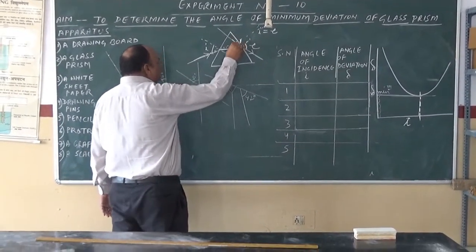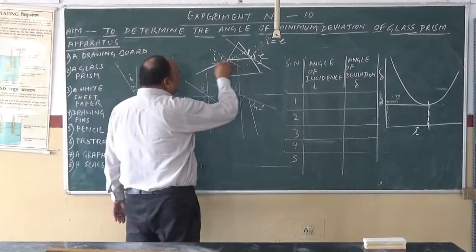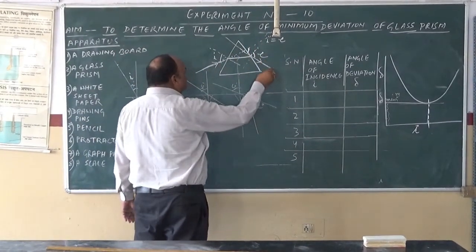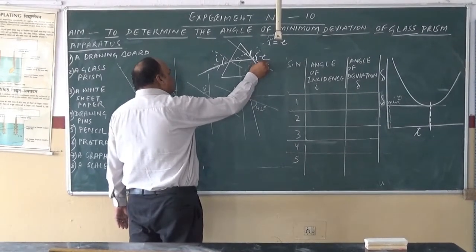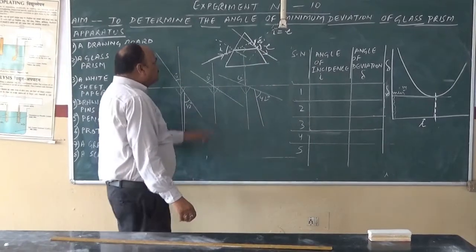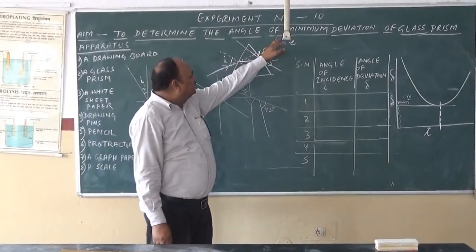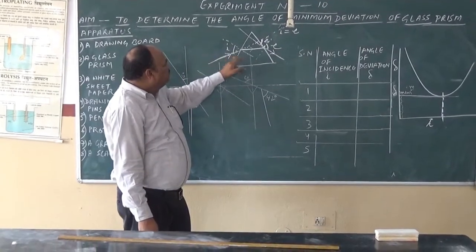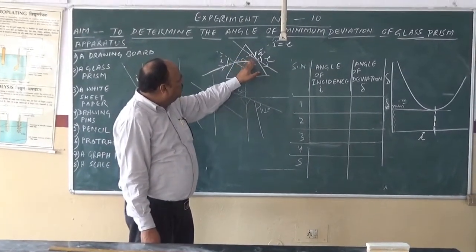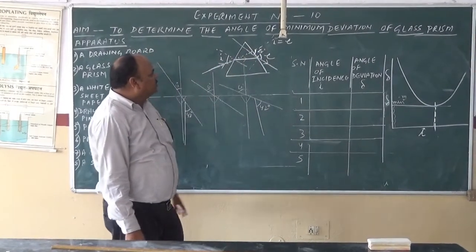The angle of deviation is between the incident ray, which is produced forward, and the emergent ray, which is produced backward. That is, if there were no prism, light rays would go like that, and when the prism is used, the light ray is going along this line.